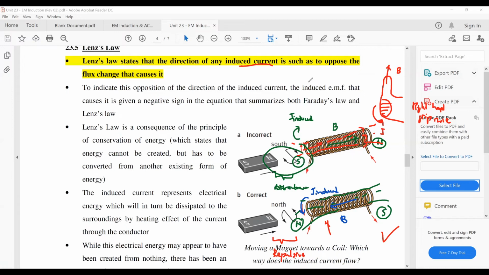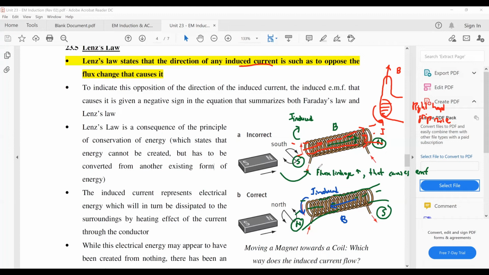Okay, another way to look at this one here is this. If I were to have the magnet here like this, sorry, let me just wipe some things off here. If you look at this case here, my magnet coming in, it is the flux linkage increase that causes EMF, right?